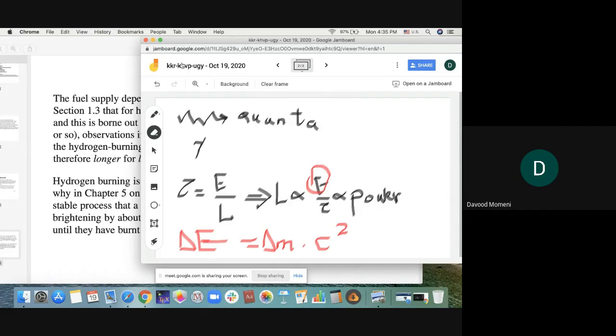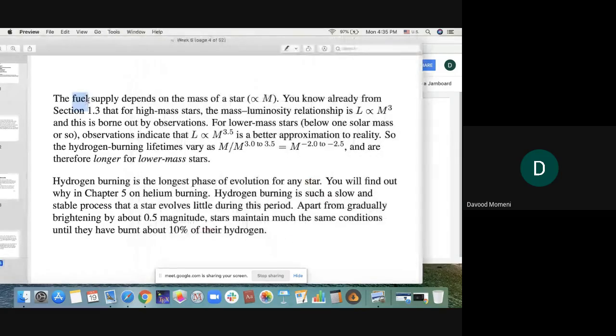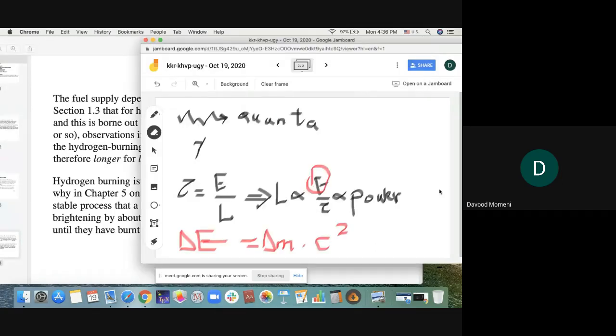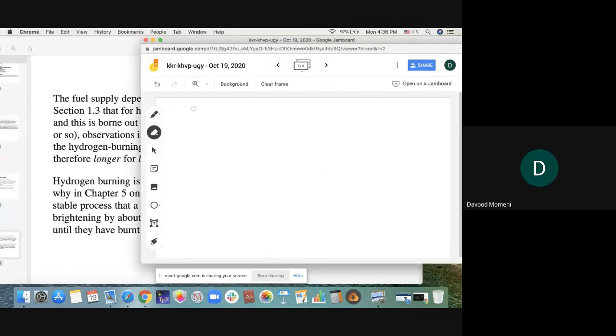So the amount of the burning fuel is proportional to the mass. And you know from the Hertzsprung-Russell diagram, or from the considerations of the first chapter, that for high mass stars, the luminosity scales with m cubed.